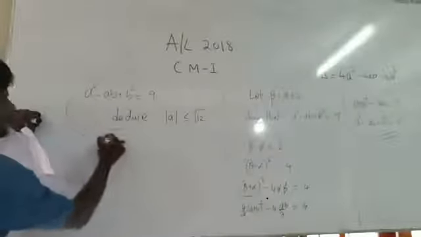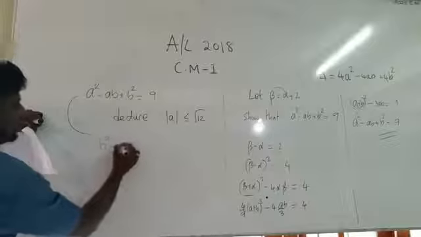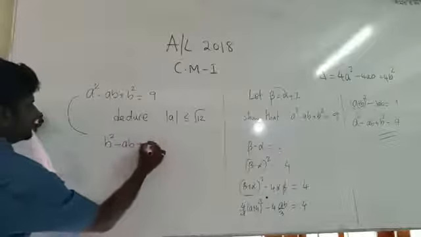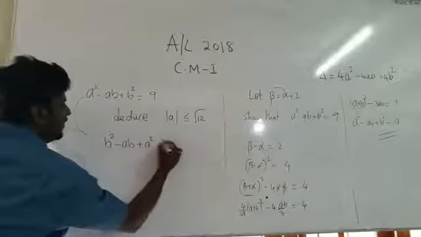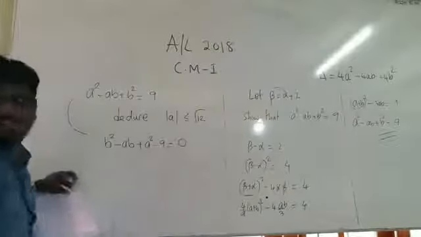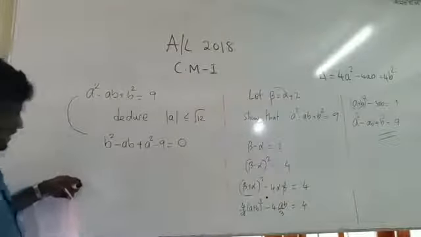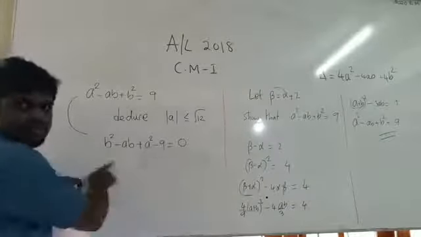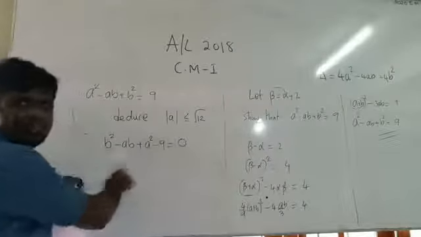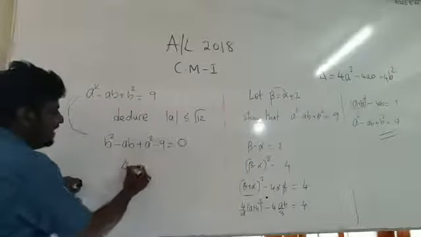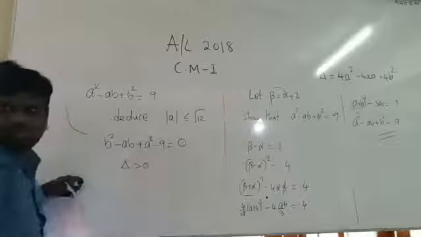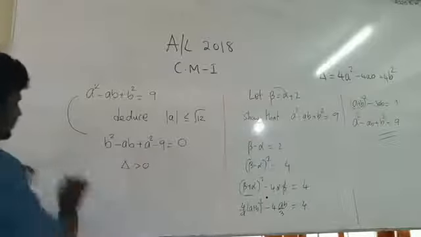You can arrange it as B square minus AB plus A square minus 9 equals 0. To have a real solution, they take delta greater than or equal to 0.